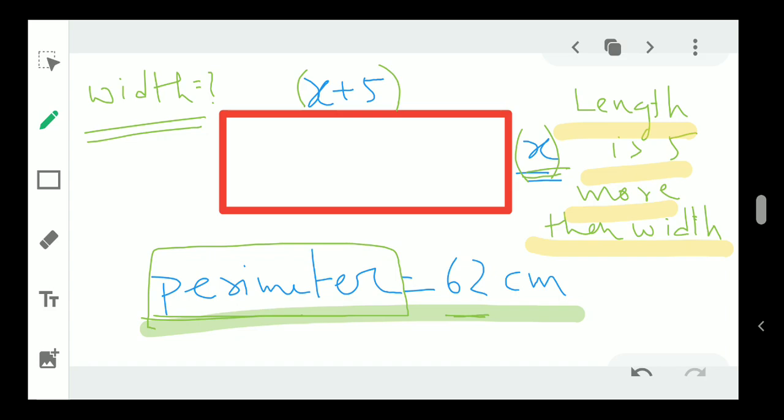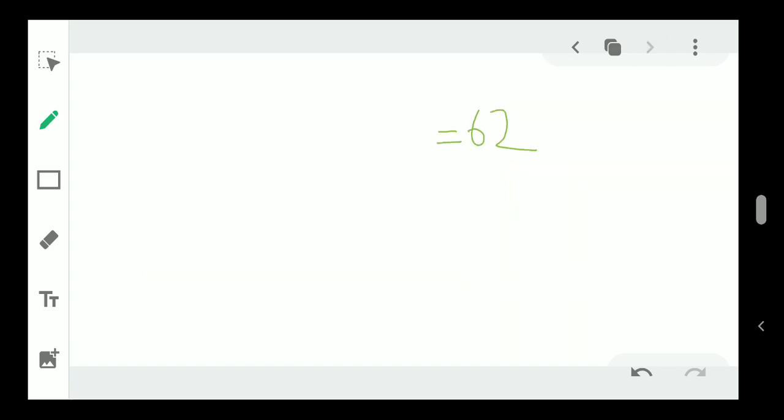If this is x and this is x plus 5, then this will also be x plus 5, and this will be x. So what will be the perimeter? Perimeter means the addition of all the boundaries, right? So you get x plus 5, plus x, plus x plus 5, plus x, and that is equal to 62.